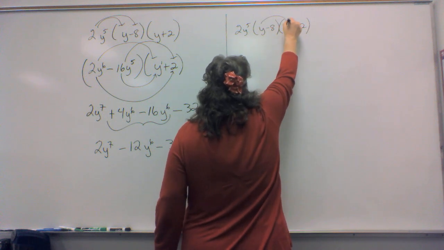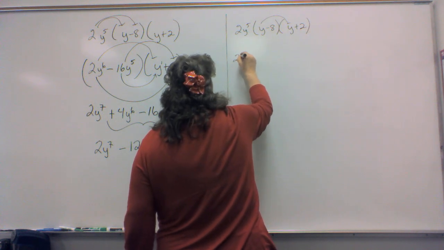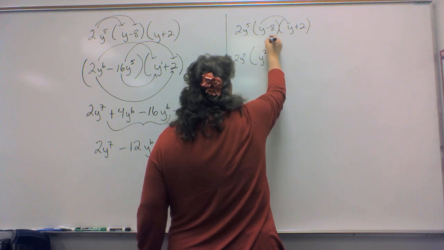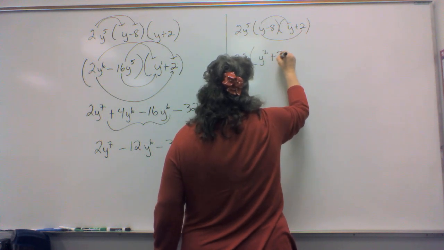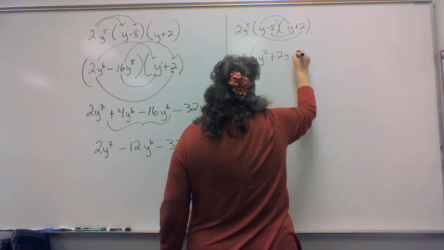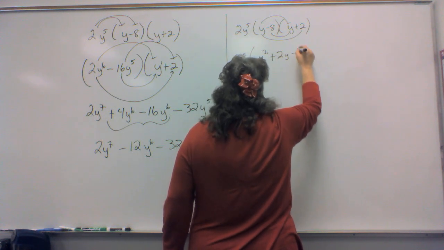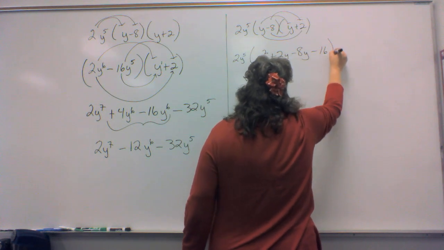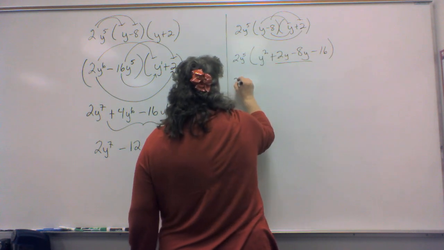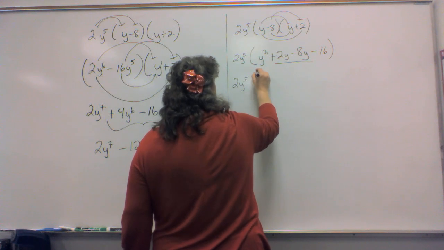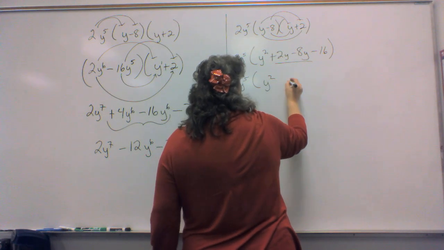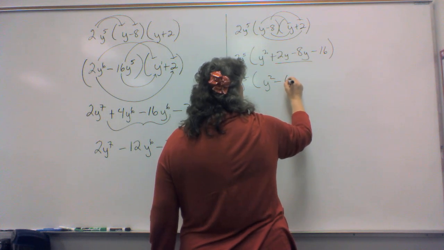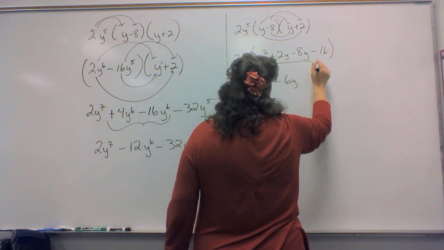So y times y gives you y squared. Y times 2 is plus 2y. Negative 8 times y is minus 8y. And negative 8 times 2 is minus 16. Combine our like terms. So y squared, 2y minus 8y is a minus 6y, and then minus 16.